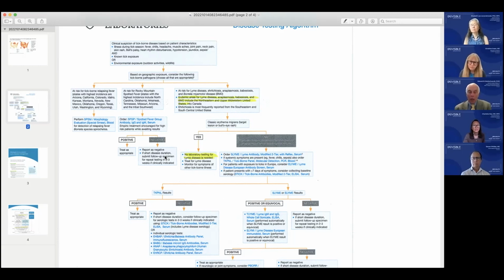And IDEXX in particular, and I have to disclose that I have been a consultant for IDEXX for many years and remain so, in the area of their tests and their approach to diagnosis of tick-borne disease.